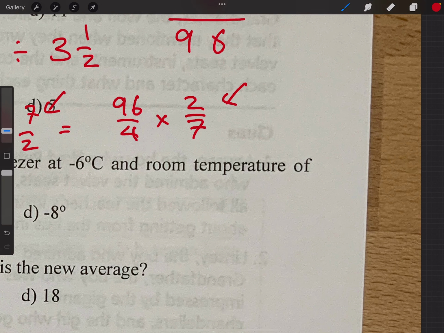Alright. Now I can simplify. Divide these 2 by 2. This will be 1, this will be 2. So what else? Can 96 be divided by 7? Let me try. No, you can't. So we get 96 over 14.